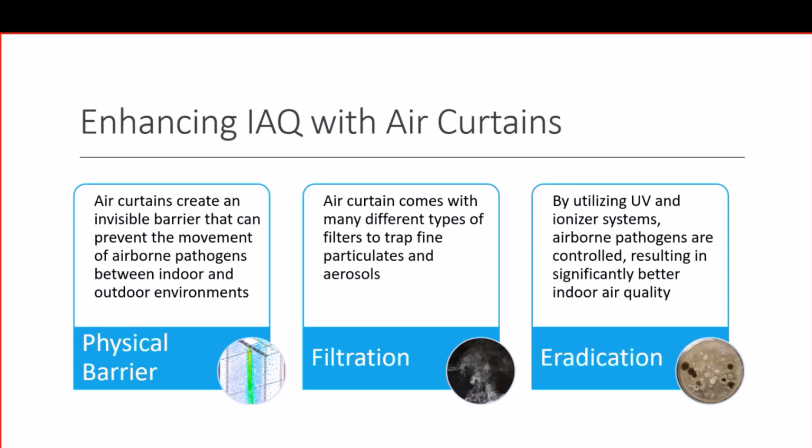We also have other technologies such as MERV-rated filters and HEPA filters to sanitize any smoke that can be generated inside the building, or any smoke that comes into your building. Lastly, in addition to UV, we also have ionizers, which can eradicate any kind of particles that come into your building as well. Okay, next.